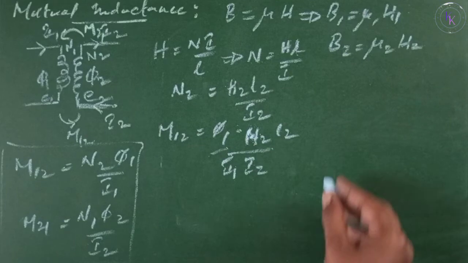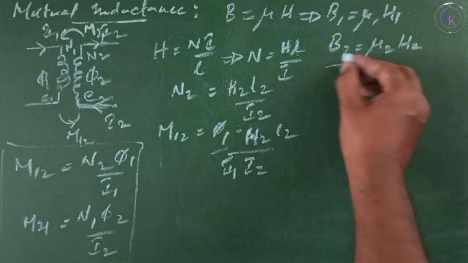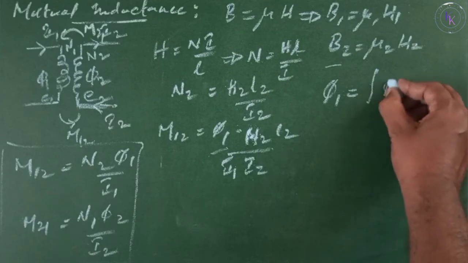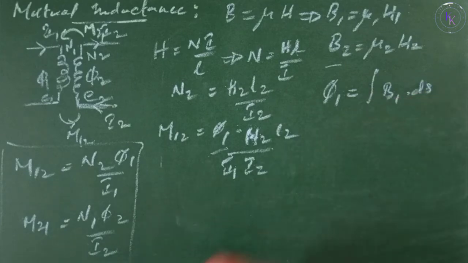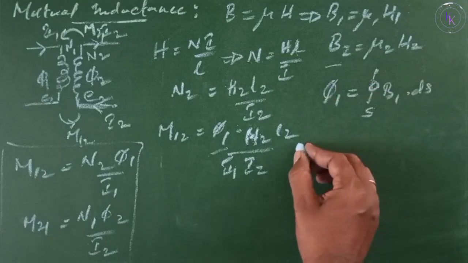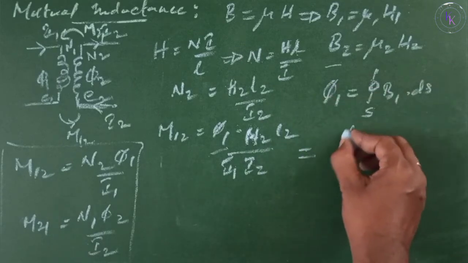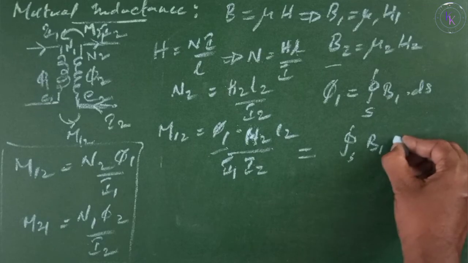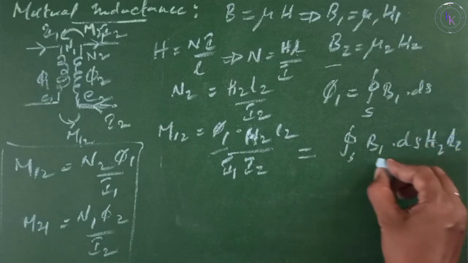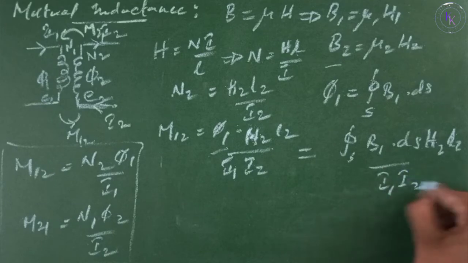Now flux in terms of flux density, phi1 is equal to the integral of B1 dot ds over the surface. Now let us try to substitute that. The surface integral of B1 dot ds, H2 L2 divided by I1 I2.